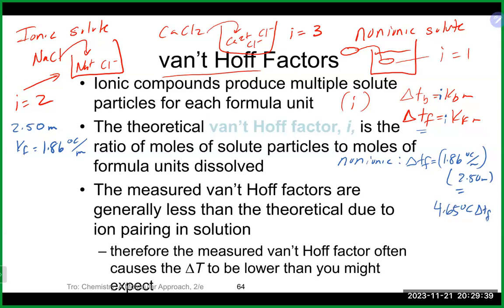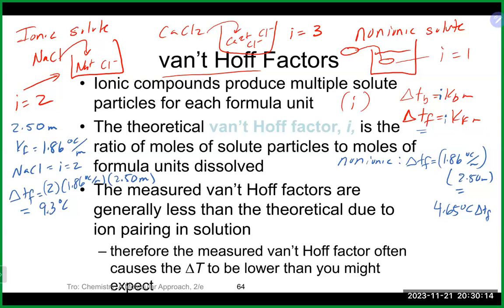Now, if we did this exact same calculation for our sodium chloride, where i was equal to 2, our change in freezing point temperature would be 2 times 1.86 times 2.5. So 1.86 times 2 times 2.5 gives us a change in freezing point temperature of 9.3 degrees Celsius.